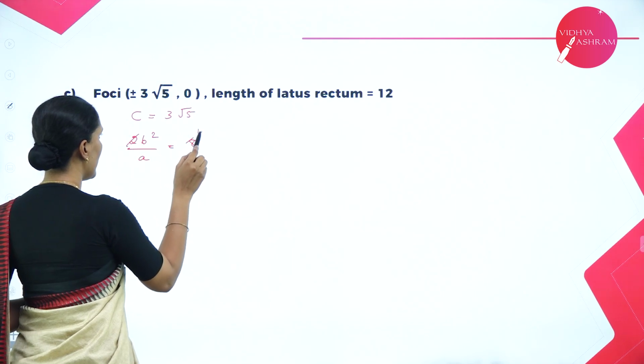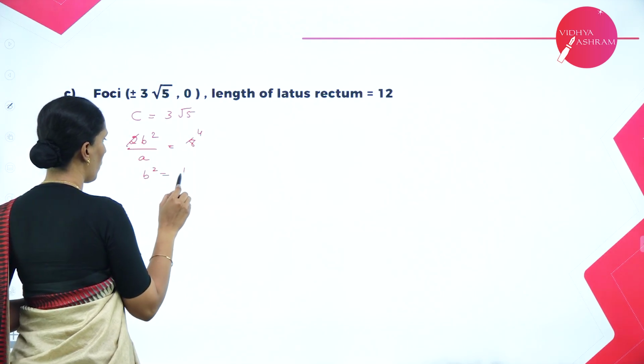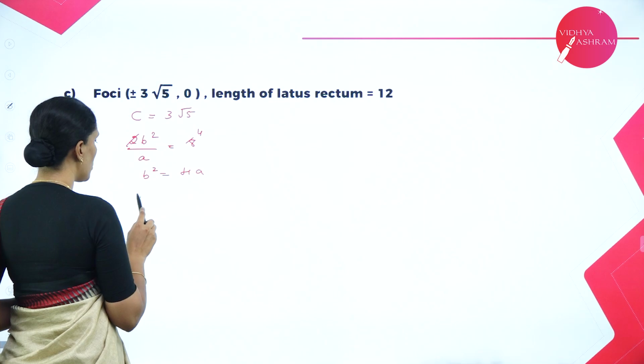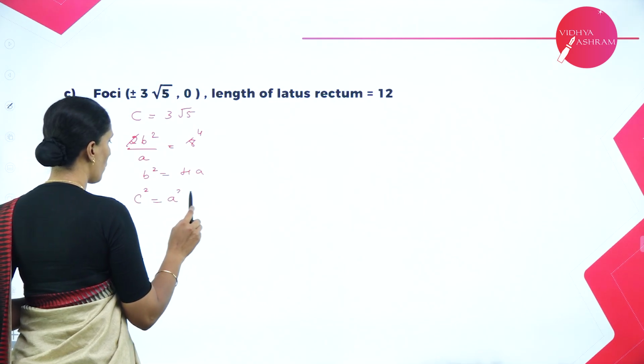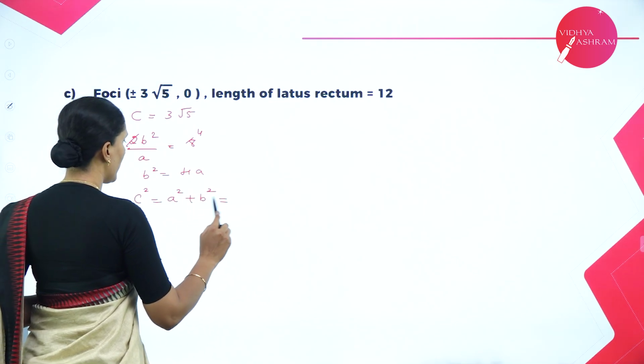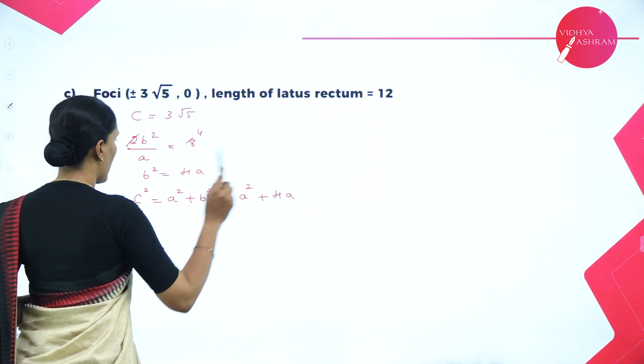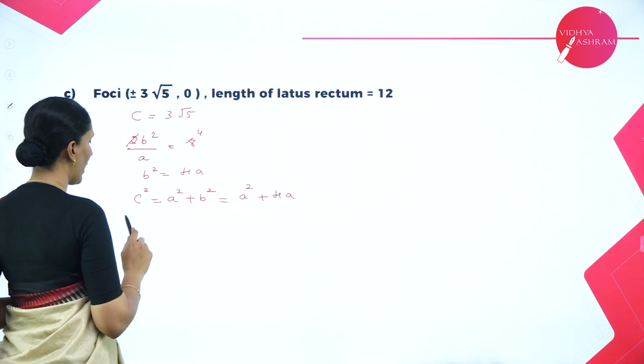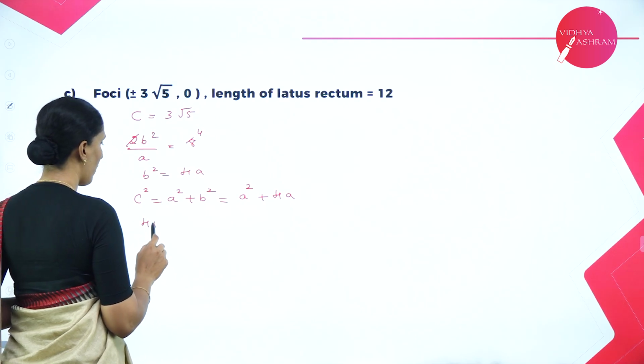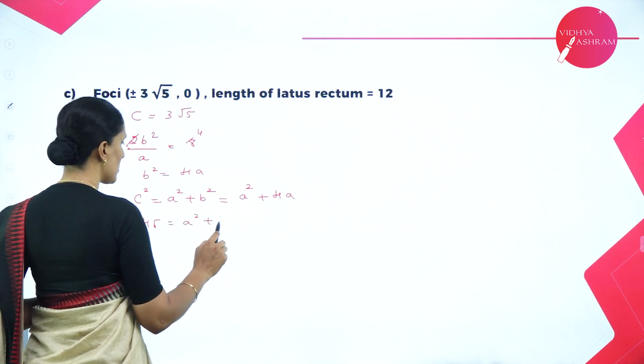So when we cancel this, we get b square is equal to 4a. We know the relation c square is equal to a square plus b square, which becomes a square plus 4a. And c square is 3 root 5 whole square, which becomes 45 is equal to a square plus 4a.